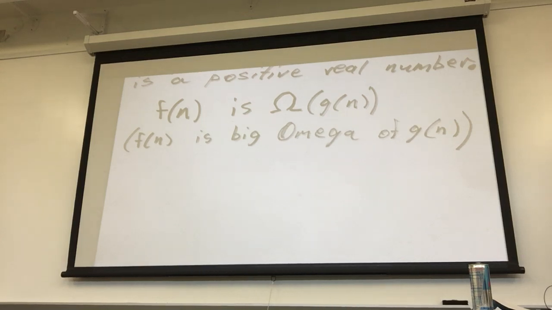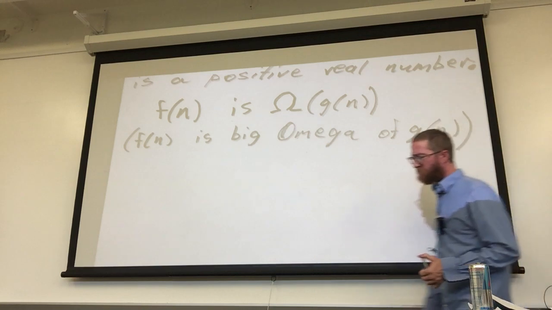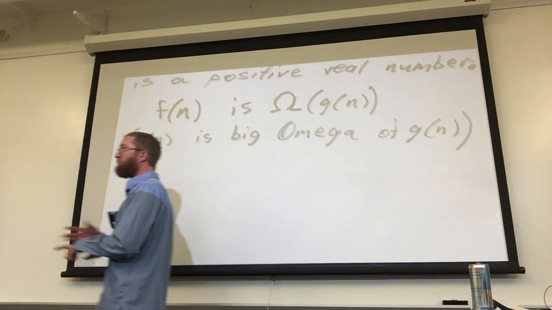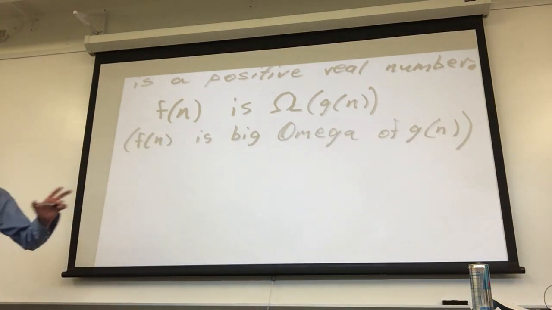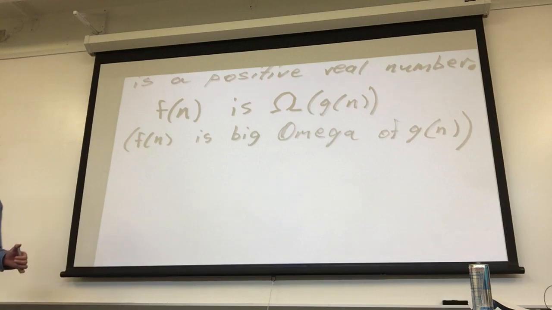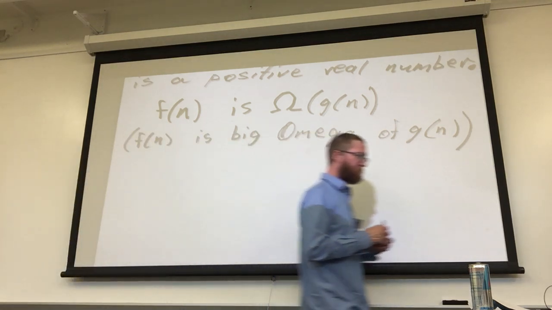So we have this f and this g, and we're going to state the relationship between f of n and g of n. The conditions that we stated at the beginning will apply to all three of these properties.